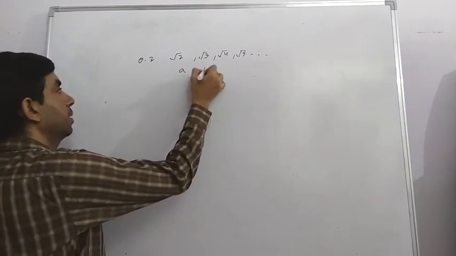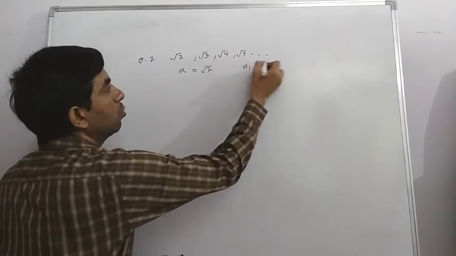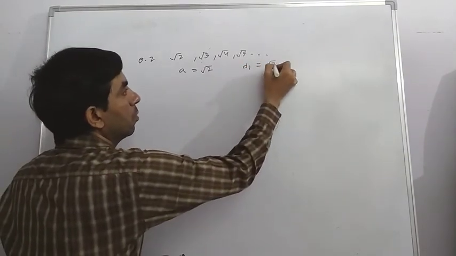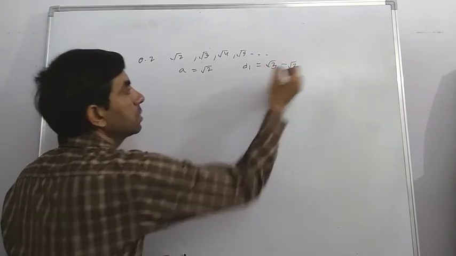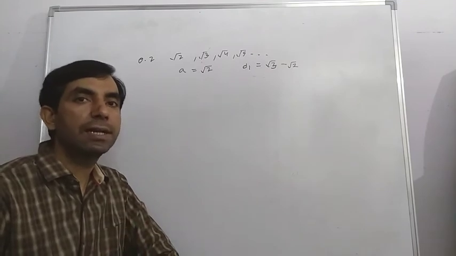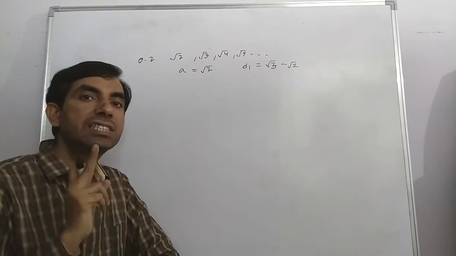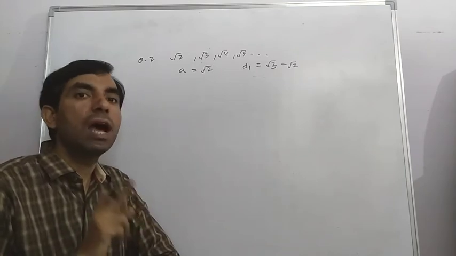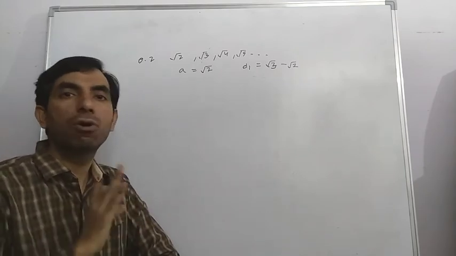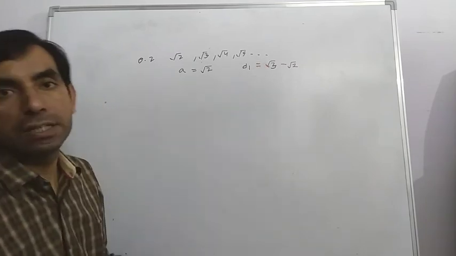A is root 2, which is simple. But if we find the difference D1, root 3 minus root 2, we cannot subtract it, because we have learned that roots can be added or subtracted only if they are alike. If they are not the same, we cannot do addition and subtraction.